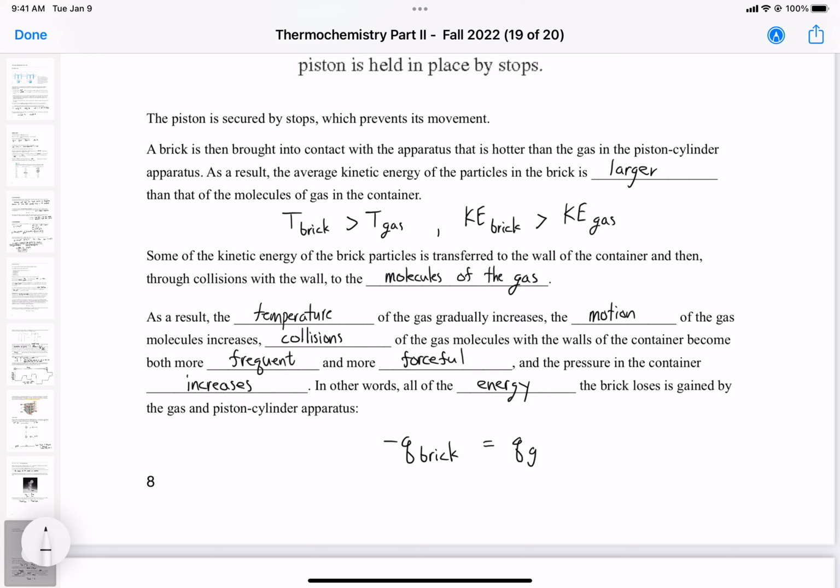So eventually all that heat will be transferred to the gas particles, assuming that no energy is lost to the surroundings. Most often, that will probably not happen unless the container is completely insulated. Okay.